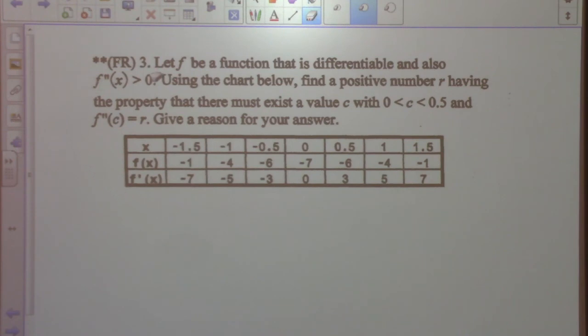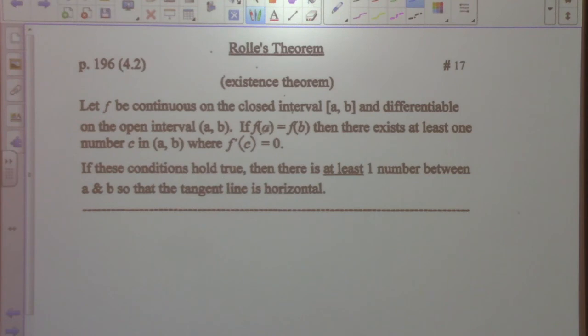So what this is, it's taking f double prime, which is the second derivative, greater than 0. I want to come back to this after we get into our second derivatives. But I want to go into Rolle's theorem today, which is 17.